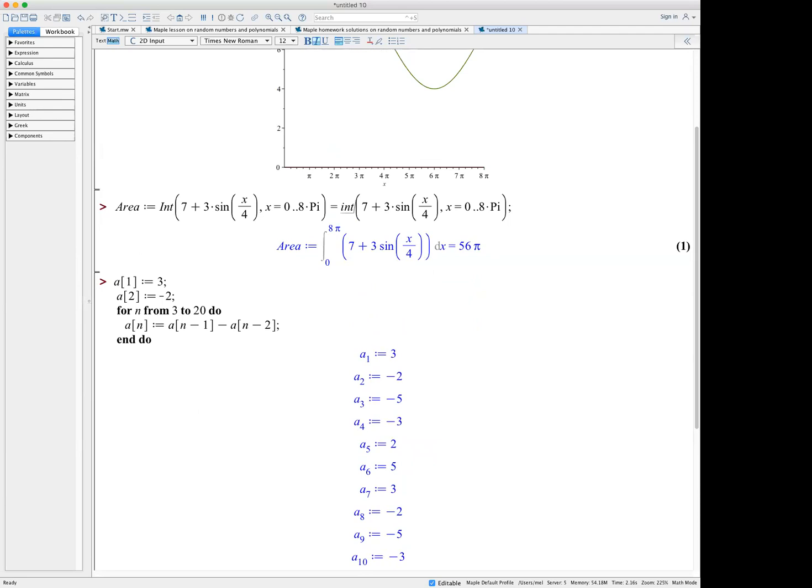Well, here, calculate the integral of x squared from 0 to 1 and tell me what you get.